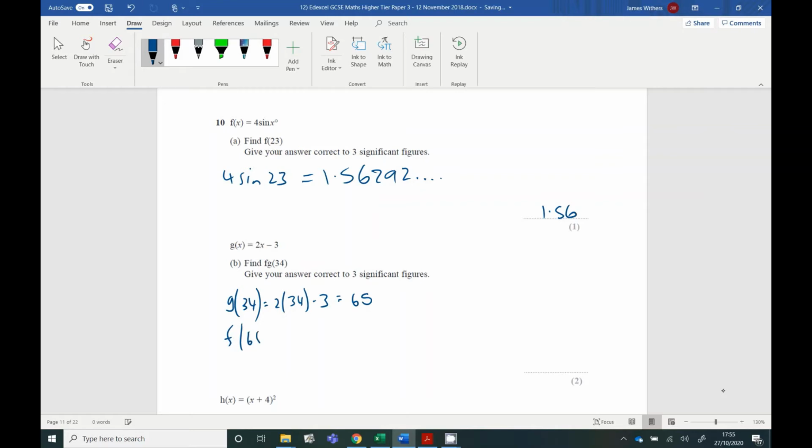So f of 65 is going to be 4 sin 65. So 4 sin 65, I get 3.625. So to 3 significant figures, that's going to be 3.63.